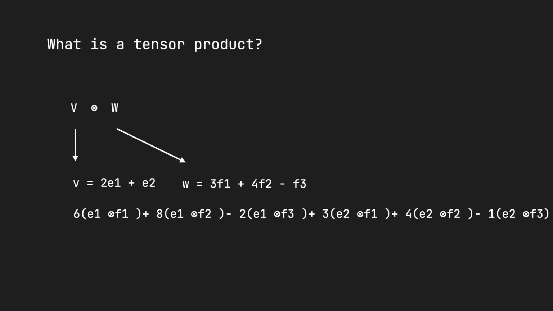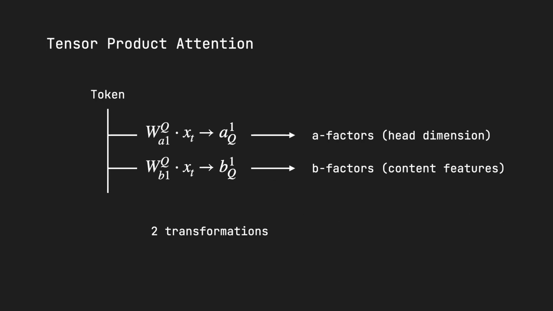You'd see that it has its own basis vectors, and the dimension of this new vector space is m times n, where m is the dimension of V and n is the dimension of W. Going back to how this is used in tensor product attention: when we figure out what the A factors and B factors are, in order to combine them together to get the query, we form a tensor product.